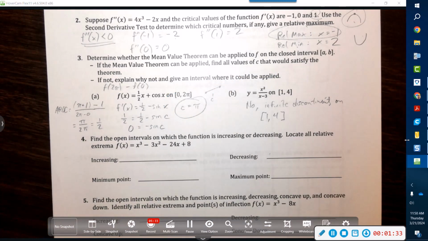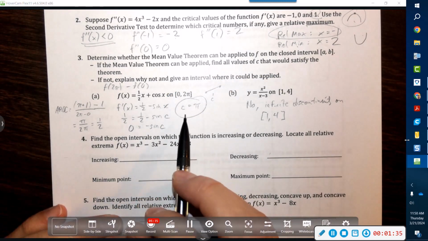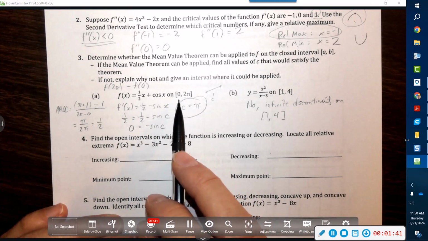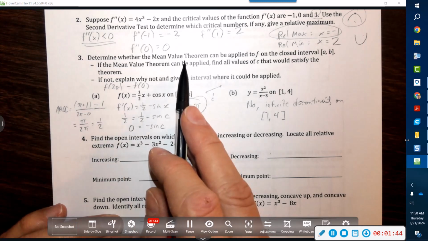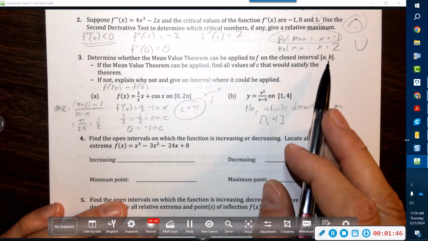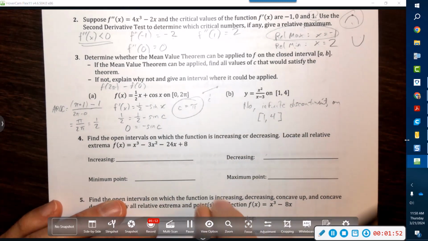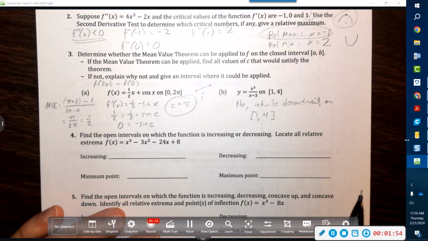That is the only location where this is going to equal. Now you can't include the endpoints. The mean value theorem has to be applied to a closed interval, but you don't need to plug in those points because you can't take the instantaneous velocity at that point.